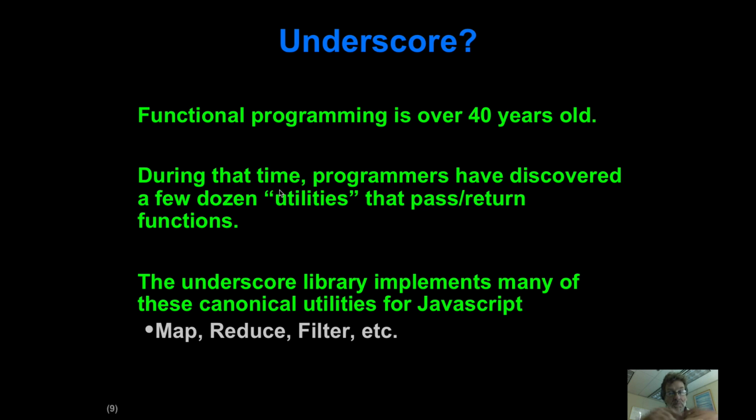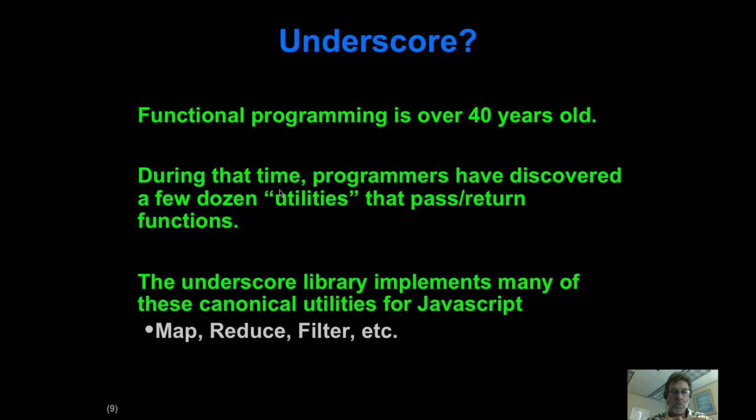Map, the one I wrote for you, that's kind of the number one functional programming construct. Filter is another one. There's another one called reduce. There's several. And underscore is basically a JavaScript implementation of a bunch of these canonical functional programming idioms like map, reduce, filter, etc. And there's a whole bunch more that they implement that exploits the various objects and data structures in JavaScript.